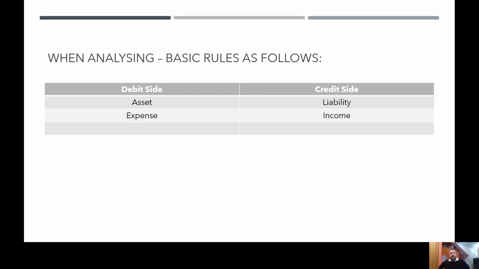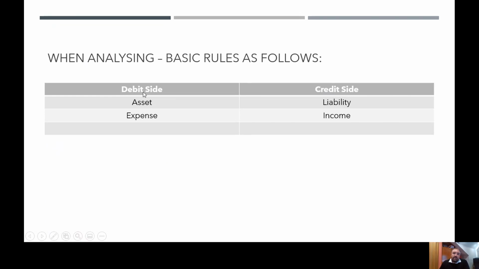Okay, so when analyzing T accounts, if we've already done T accounts, then the T account will have either a balance on the debit side or a closing balance on the credit side. In other words, if I add all the transactions on the left and all the transactions on the right, one side will be bigger than the other, which will be the balance of my T account.